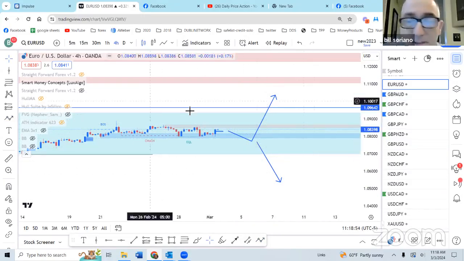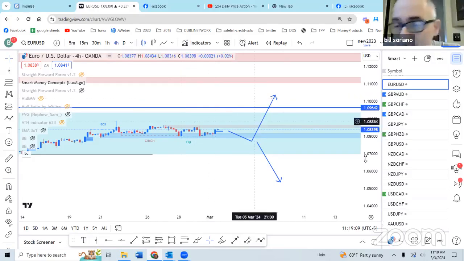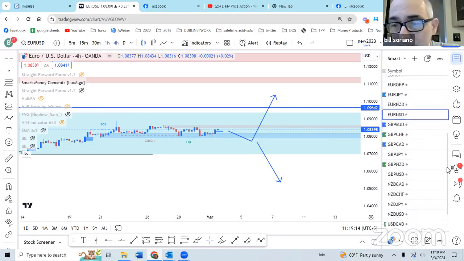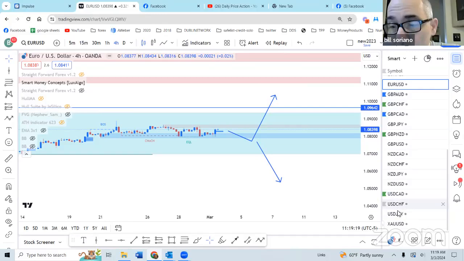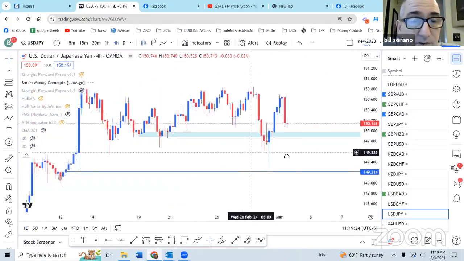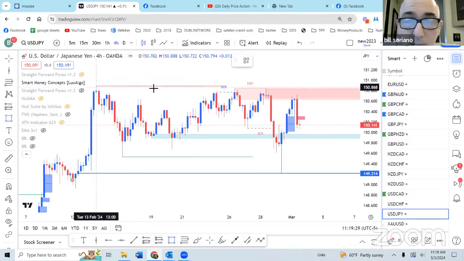We always teach in our community, this was something we really taught during Smart Money, that you just want to stay away from pairs that are consolidating or in a range until they decide to break out either way. He showed that in the DXY, the dollar index, and also how that related to EUR USD and the dollar yen. On the dollar yen 4-hour chart, you see this same thing, where it's just in this box.